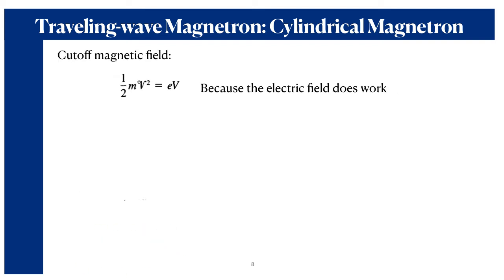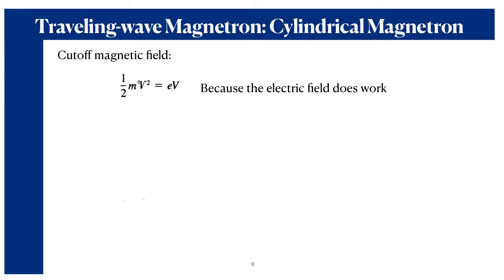Now, in the case of cyclotron motion, we know the work that is being done is only due to the electric field, not by the magnetic field, because the magnetic field is perpendicular to the motion of the particle, and therefore the magnetic field does no work.